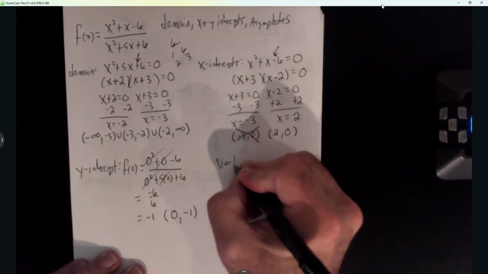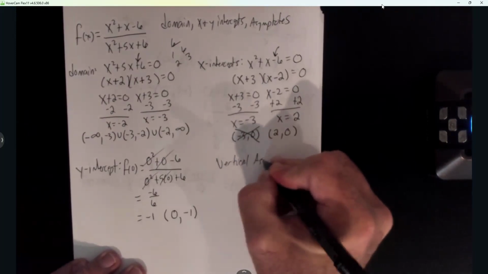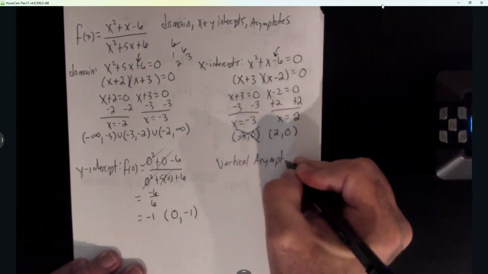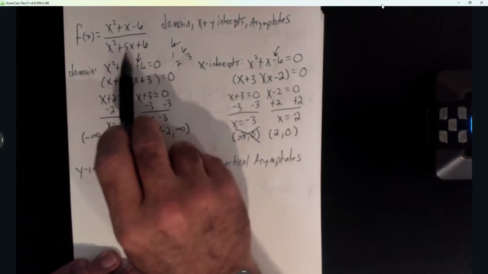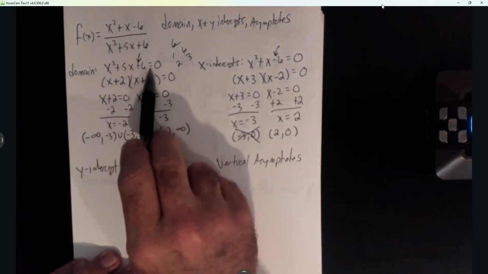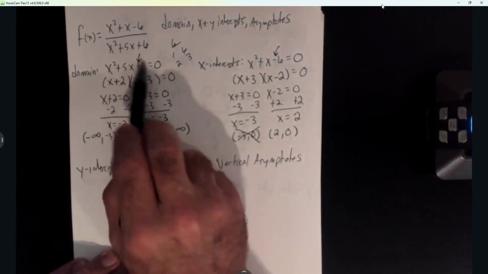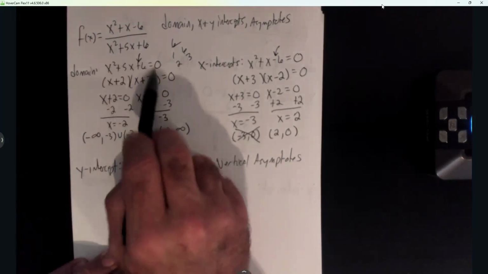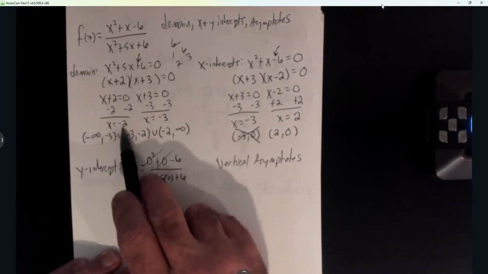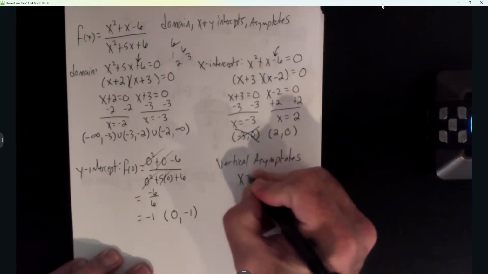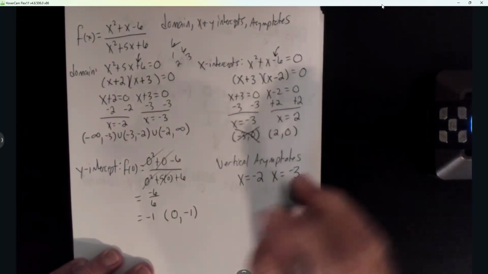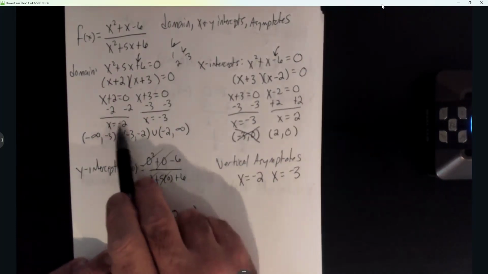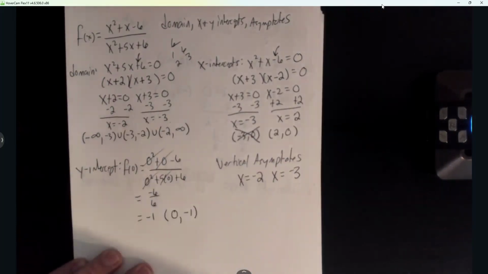All right, vertical asymptotes. I found them by setting the bottom equal to 0. Well, I've already done that when I found the domain. So the vertical asymptotes would have been x equals negative 2, x equals negative 3. Remember, these are going to match the domain stuff, except for one thing.